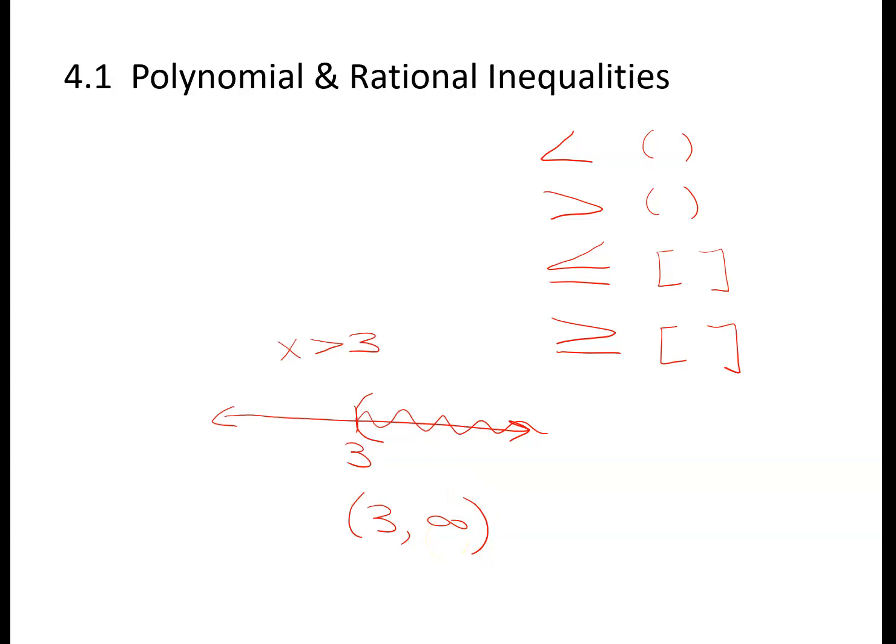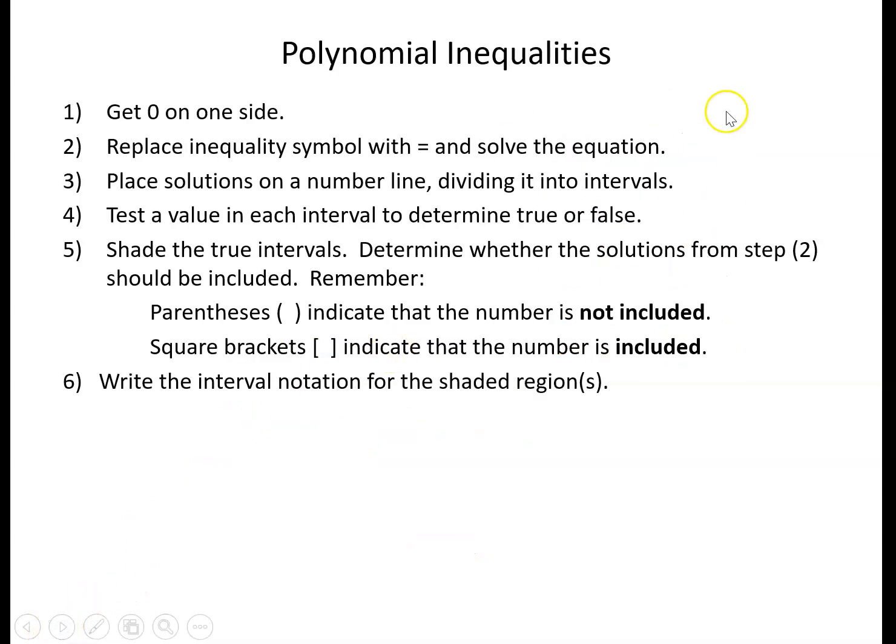So we'll be using some of that information again in this lesson, but instead of linear inequalities, we're going to start with polynomial in this first video, and then I'll do a second video on rational inequalities. By polynomial, we are basically just meaning degree 2 or higher.